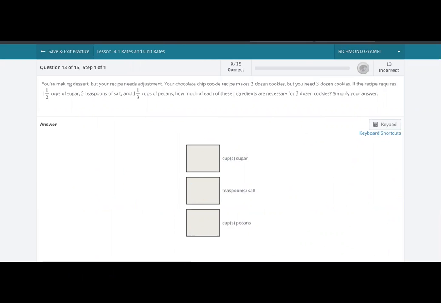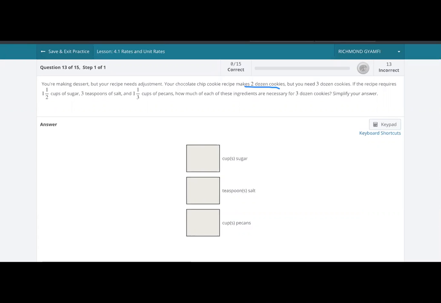a recipe, right? A recipe of chocolate chip cookie. Now, the recipe makes 2 dozen cookies right here. But you need 3 dozen cookies. You need 3.